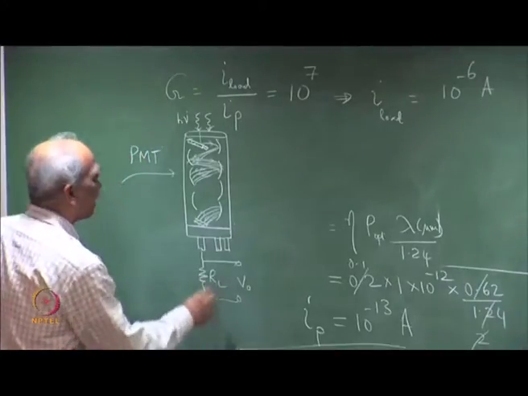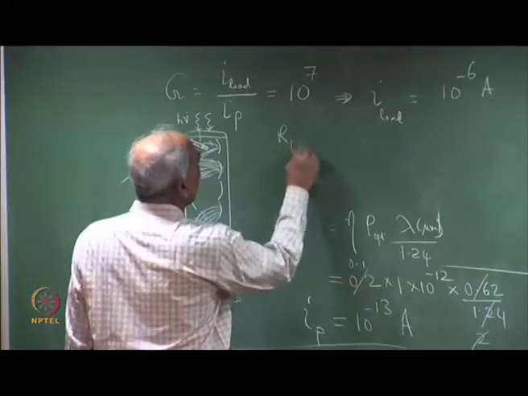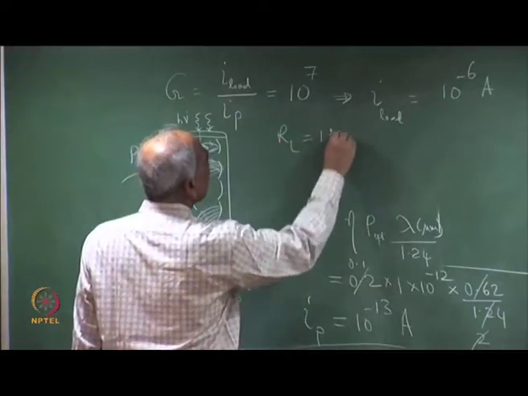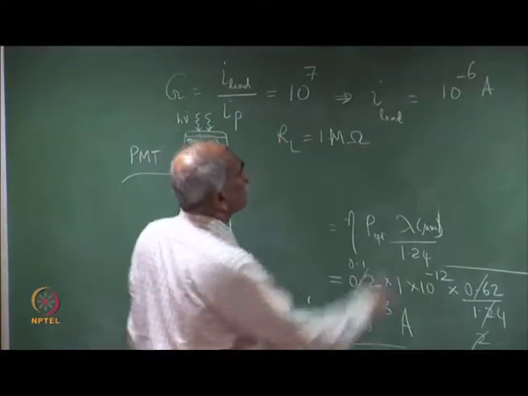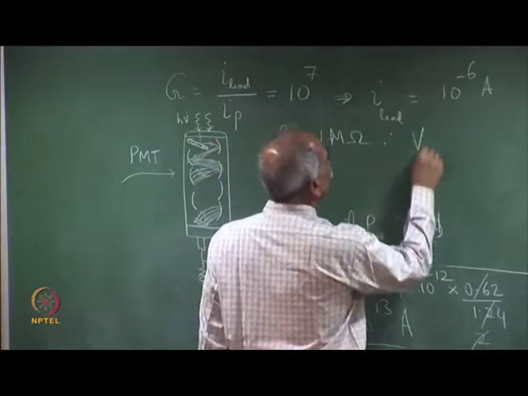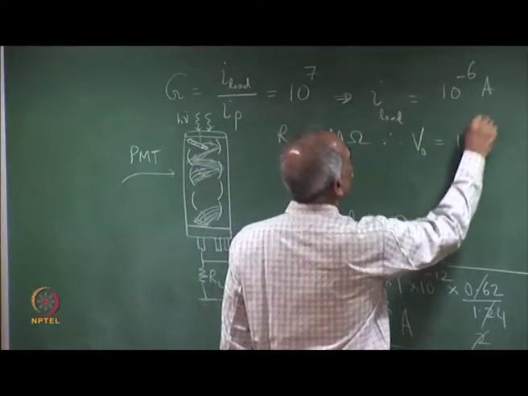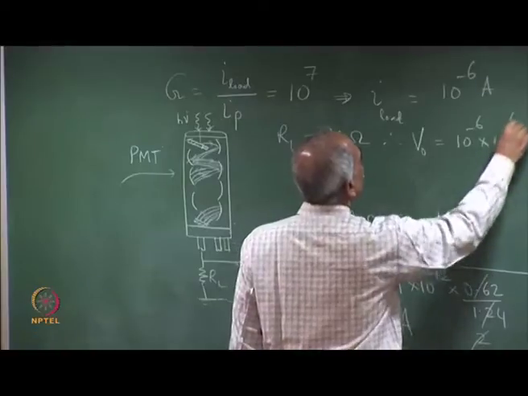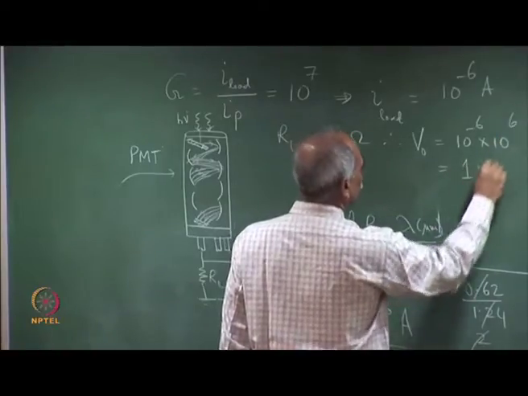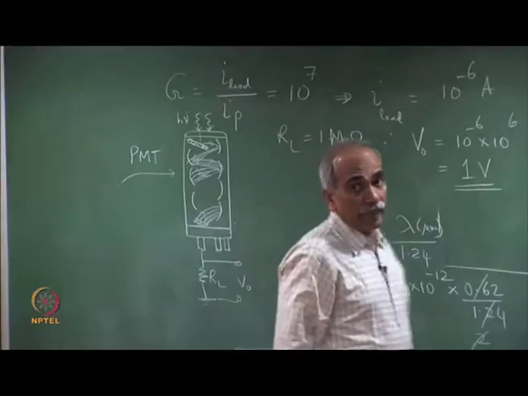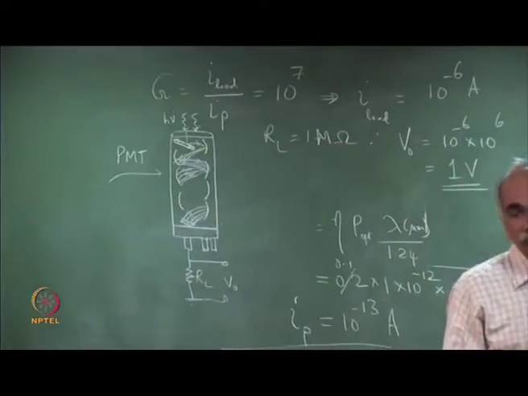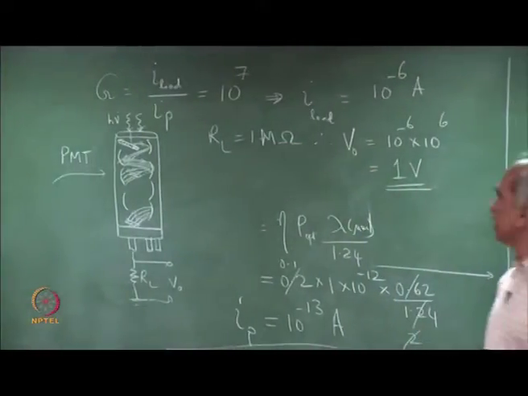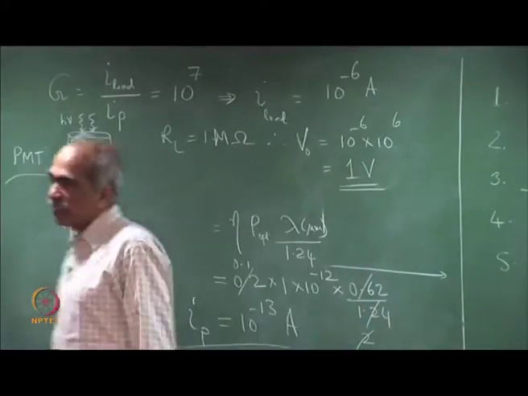For example, if I take R L equal to 1 megaohm, then the voltage V out is equal to 10 power minus 6 into 10 power 6, which is 1 volt. 1 volt is a very large output to measure. So 1 picowatt can be easily detected by measuring the output voltage here.